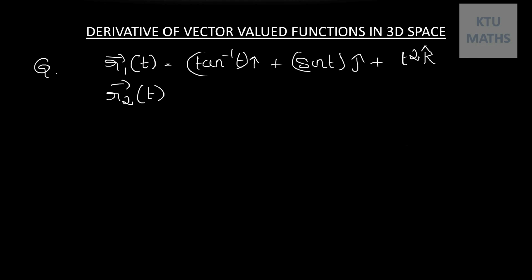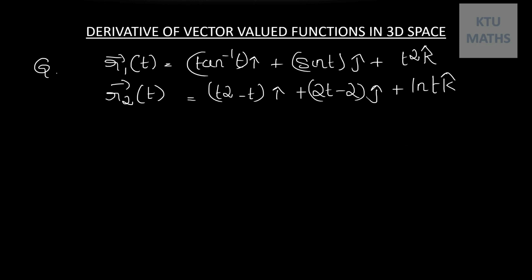Vector r2(t) will be (t square minus t) i plus (2t minus 2) j, it is j cap, sorry, plus natural logarithm of t k cap. Now we have to find the angle between the tangent lines of these two functions. We will find it now.